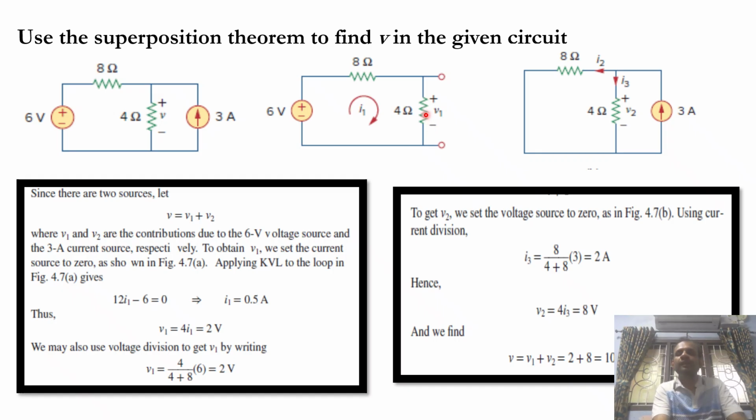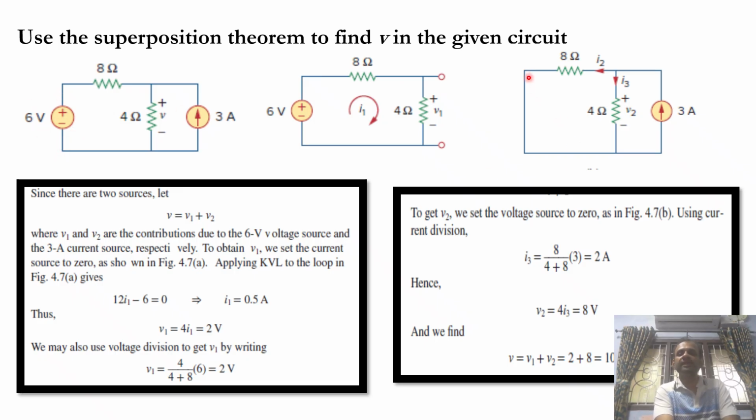Now next step, make 6 volt 0 and keep this 3 ampere. When I make 6 volt 0, when I open circuit this, current will not flow through the 8 ohm. But current will flow only if I short circuit this. So this I have open circuited, this I have to short circuit, means I have to connect a wire here.